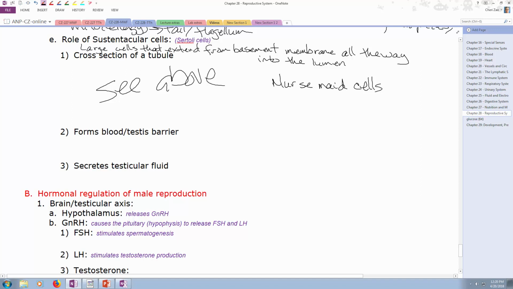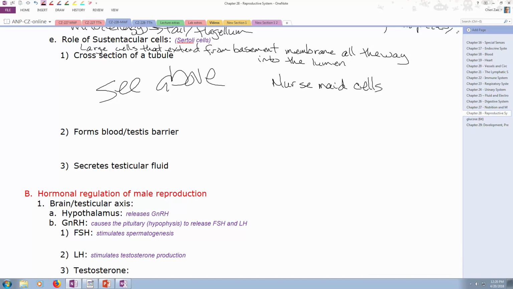They are the ones that actually promote spermatogenesis, and they are also the ones that will inhibit spermatogenesis. So Sertoli cells are nursing all of the primary spermatocytes, secondary spermatocytes, and everything along the process. They're helping to facilitate all of this.